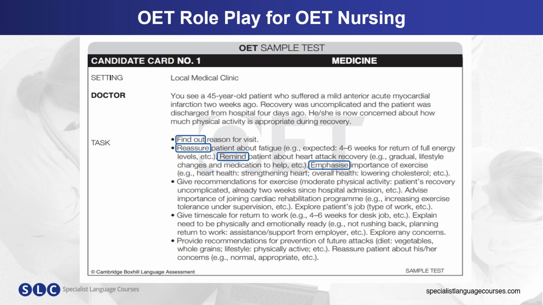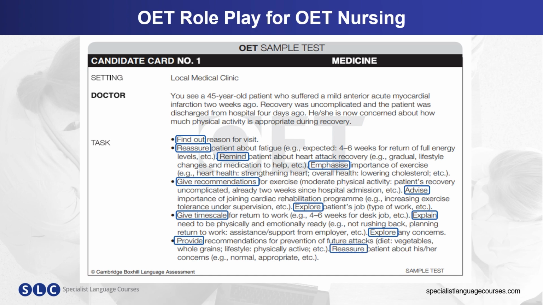The verbs in the third task show you need to give recommendations and advice, as well as explore by asking questions. And then the 4th and 5th point, the verbs give, explain, and provide show that you need to explain clearly and check understanding, as well as invite the patient into the conversation by asking more questions which explore any concerns, and you also have to reassure.